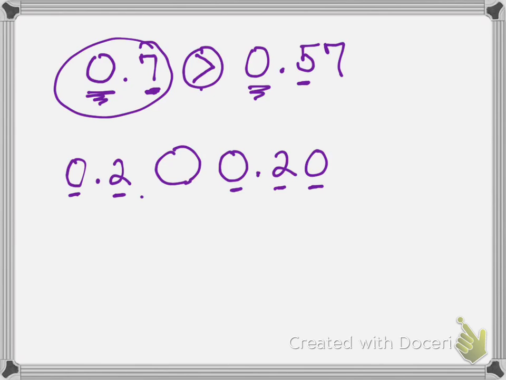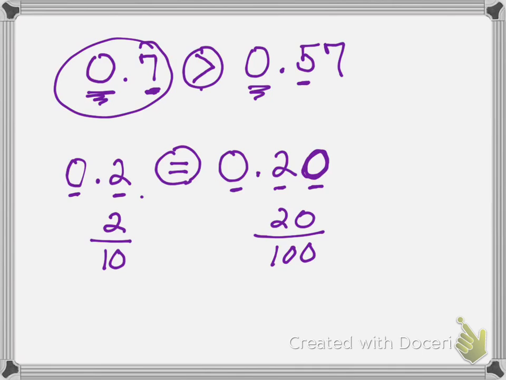They just kind of roll away. If the last number has a 0 in it, it just doesn't mean anything. It just kind of goes away. So this happens to be equal because this is 2 tenths and this is 20 hundredths. And if we divide the top and the bottom by 10, it automatically becomes 2 tenths. So 2 tenths is equal to 20 hundredths.